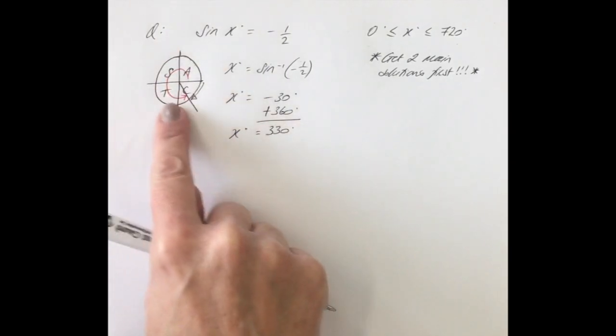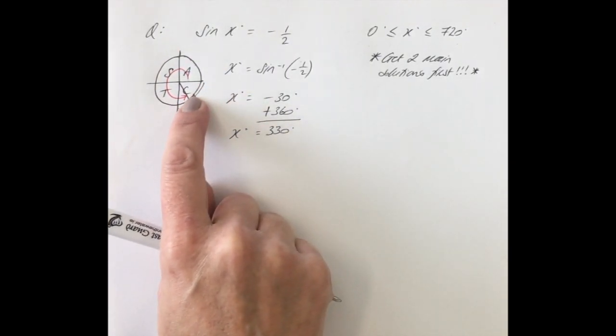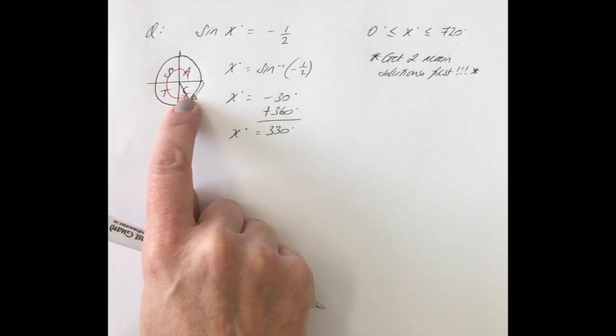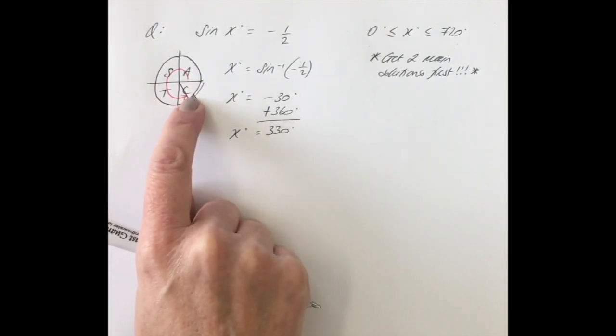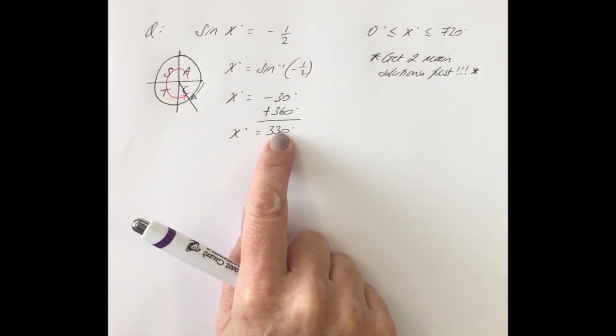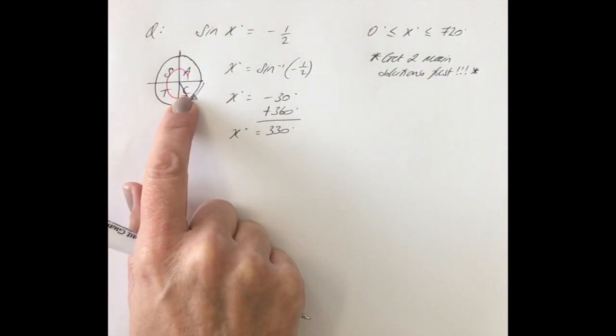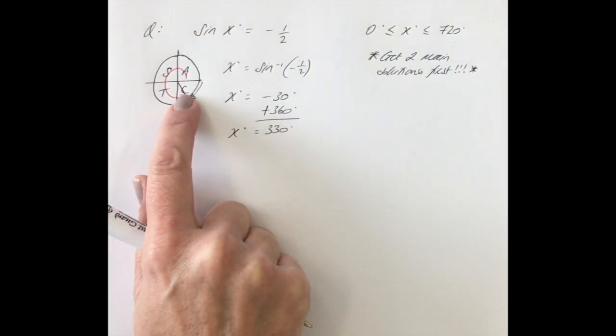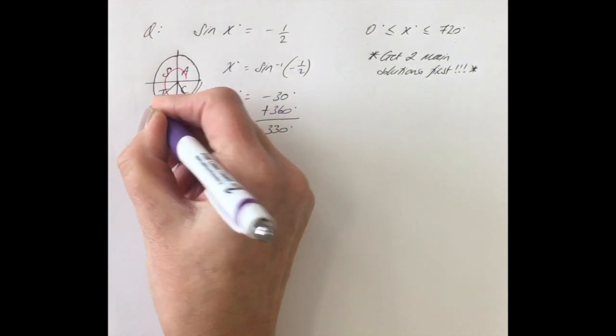Or just looking from the unit circle, we realize going back 30 degrees in the unit circle would be going back into the fourth quadrant, and of course technically then that would be 360 take away 30, which is 330 degrees. Okay, so that's our first solution. Now, we know that sine is negative, so that makes sense that we're in the C quadrant. The other quadrant where sine is going to be negative is, of course, the T quadrant, okay?